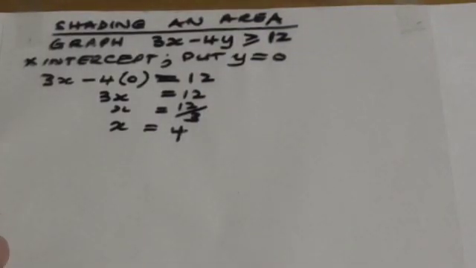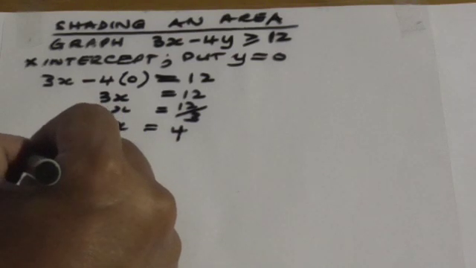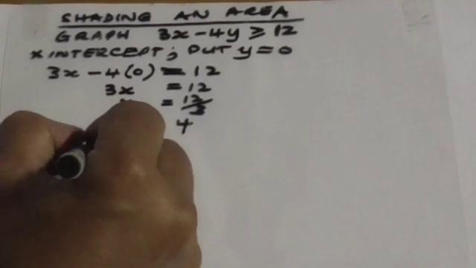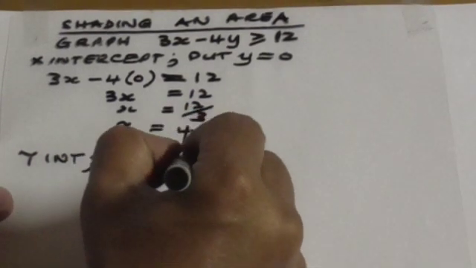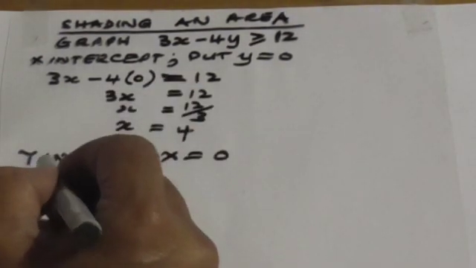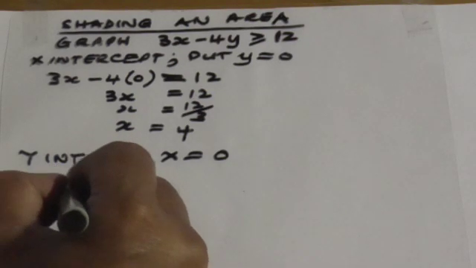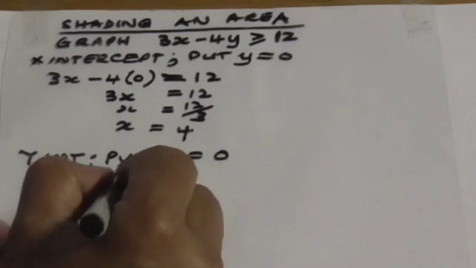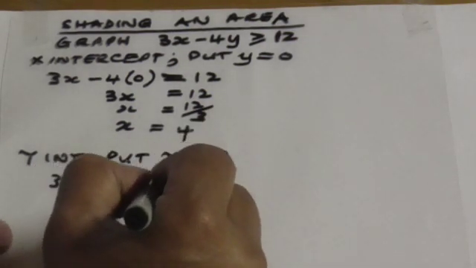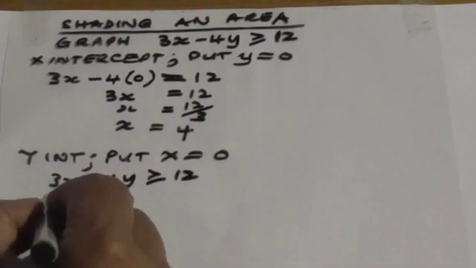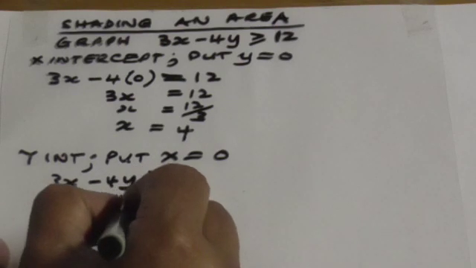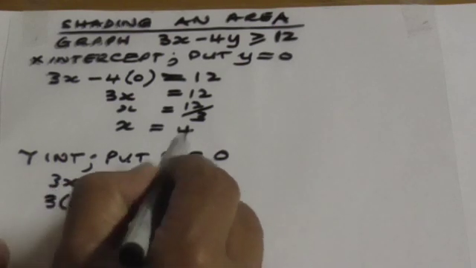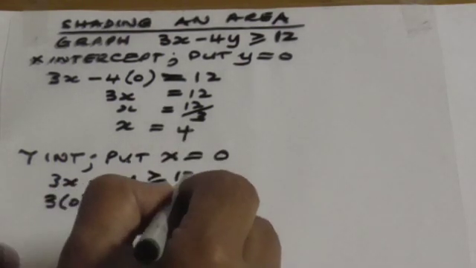Next, we want to find the y-intercept. For the y-intercept, you must put x equal to 0. So your question is 3x minus 4y is greater than or equal to 12. If you put x equal to 0, 3 into 0 minus 4y is greater than or equal to 12.